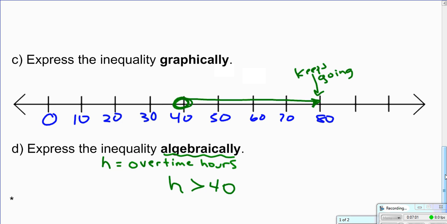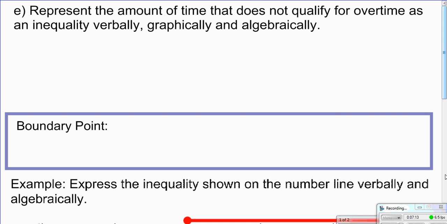We could also put it the other way. We could say 40 less than H. Either. Then we need to represent the amount of time that does not qualify for overtime. So let's call that, I'm going to use R for her regular pay hours.